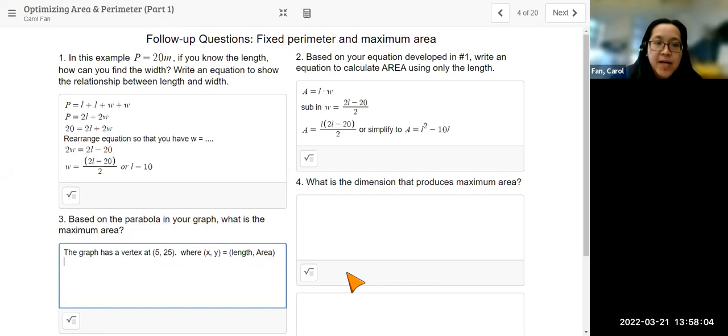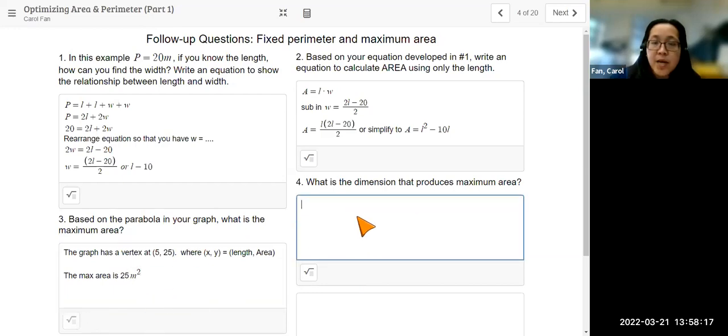So we know that the maximum area is 25 meters squared. And so the dimension would have to be, we know that the length is equal to 5 meters. And when we have 5 meters, we can substitute this into here to find our width.